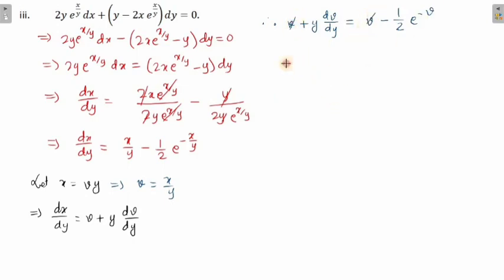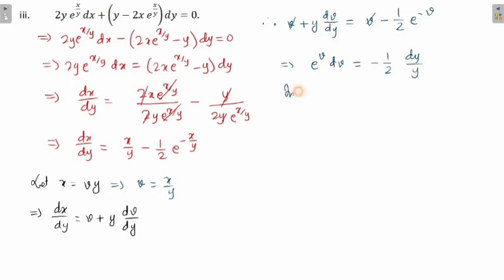Okay, now you can do the separation of the variables. So we have v here, so bring this v out here. So actually it is 1 by e to the power v. So when it comes out here, it becomes e to the power v dv is equal to, minus half is already there, so it becomes dy by y.